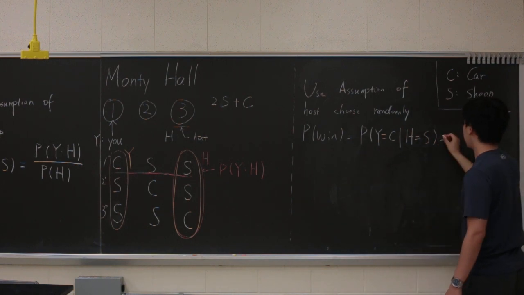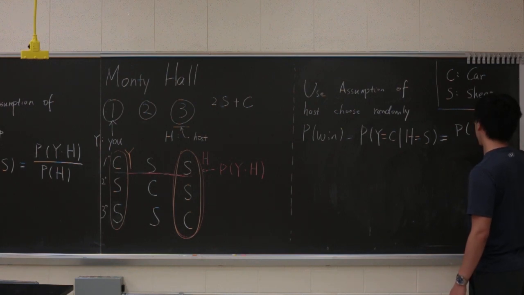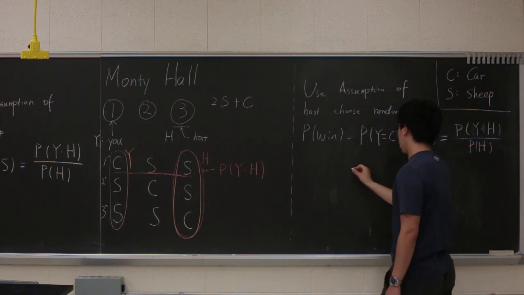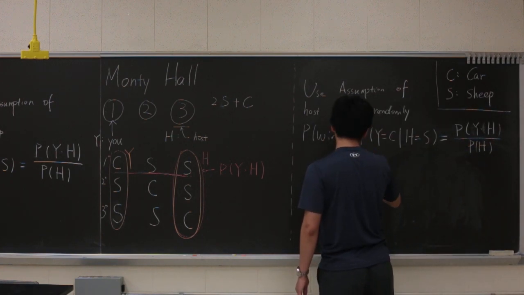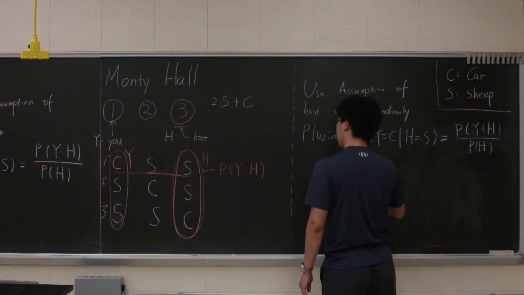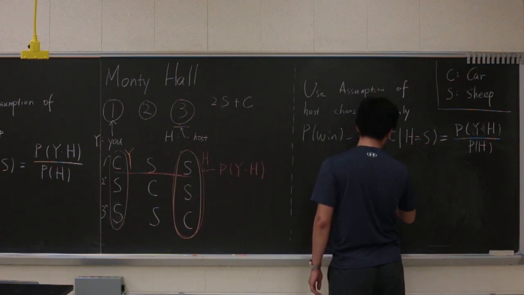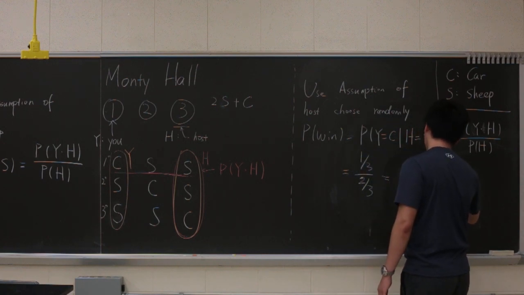From conditional probability, you know that it's the probability of both happening divided by the probability that the host chooses a sheep, which is 1/3 divided by 2/3. It's 1/2.